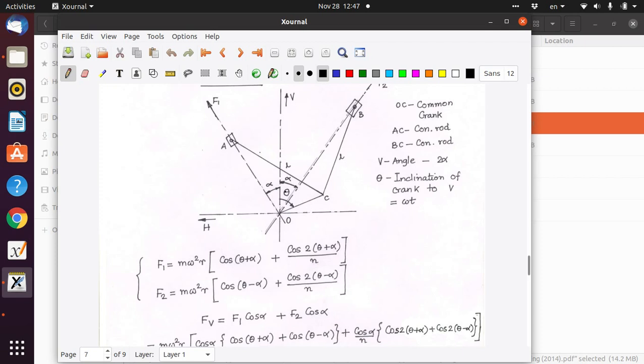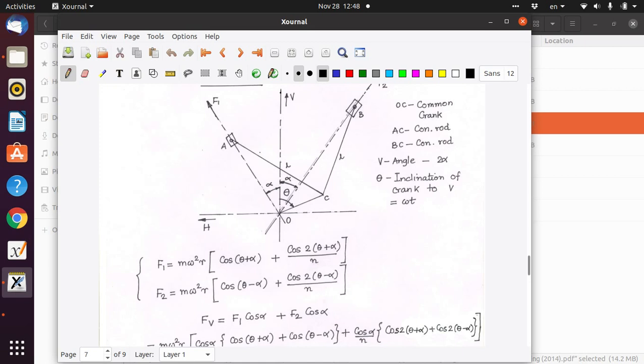Theta is being measured from the vertical. And F2 is along this line of stroke. F2 is m omega square r cos(theta minus alpha), because this angle is theta minus alpha, plus cos 2(theta minus alpha) by n. So this is the primary part, this is the secondary part.